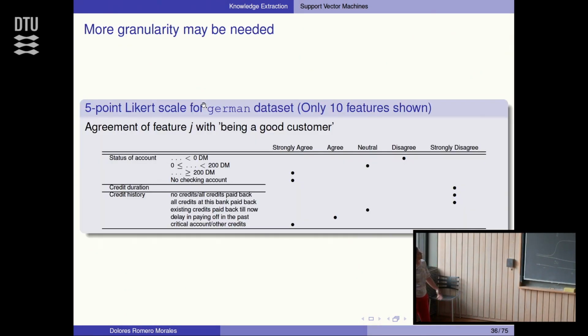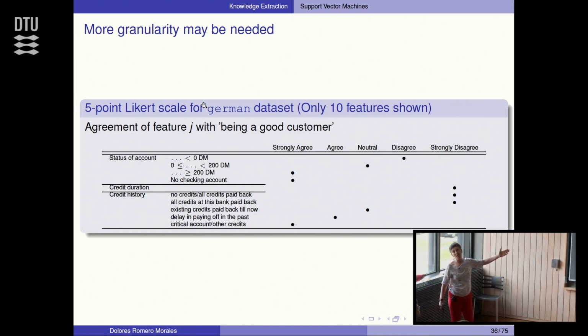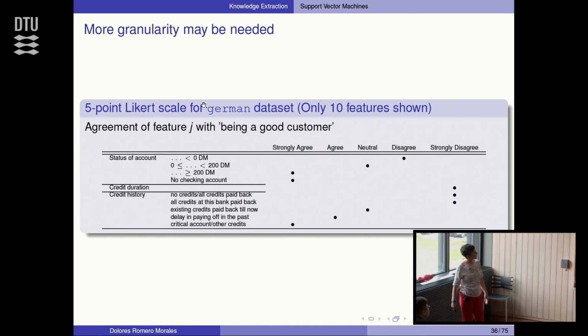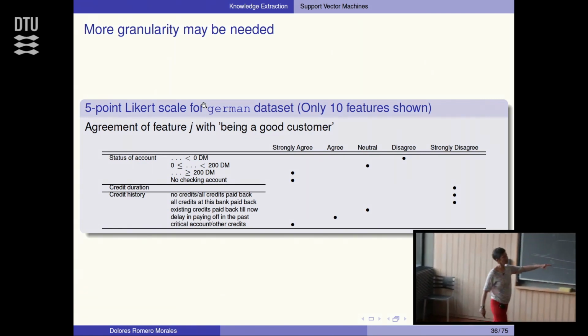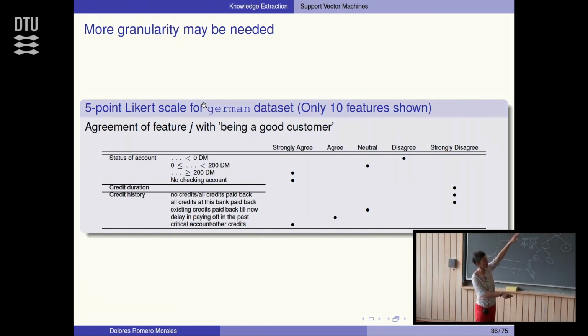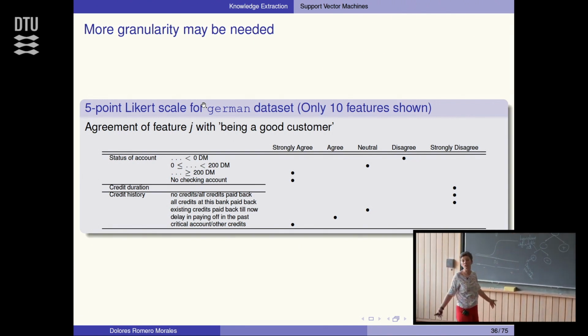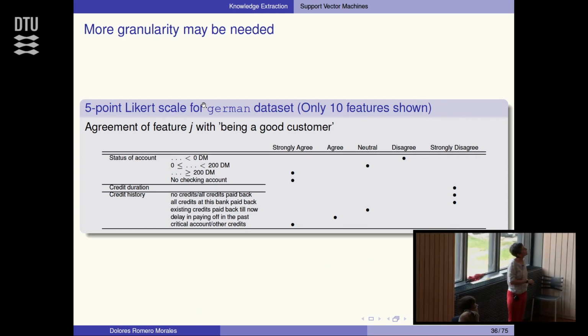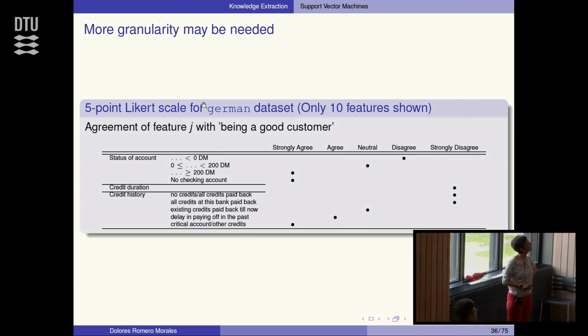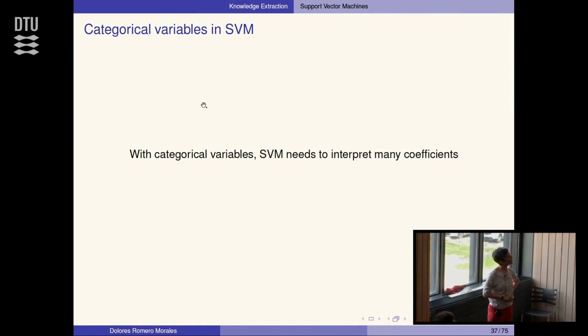We also did it with more points, but then your sparsity reduces, obviously, because if you have an infinite amount of points in your Likert scale, it is the same as having a continuous representation of your coefficient. Let me show you one quickly, and then we go for the coffee break.